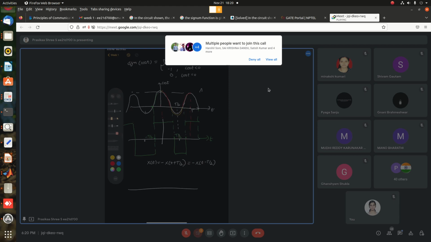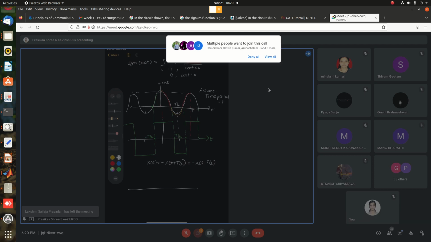We are assuming the time period is equal to T. So this should be T by 2, this should be minus T by 2. Now we are going to draw the signal x of t plus T by 2. Shift the signal to the left. What will you be getting? You will be getting a signal like this.